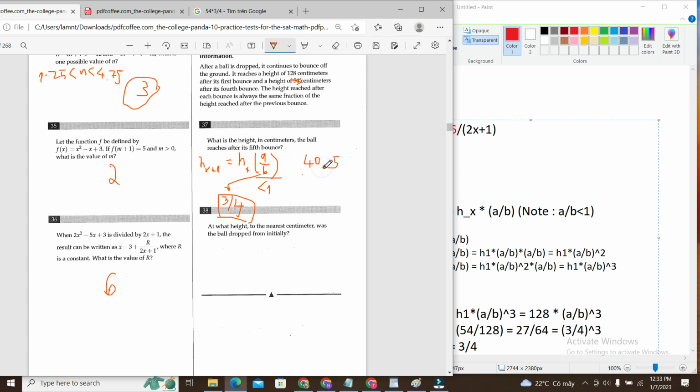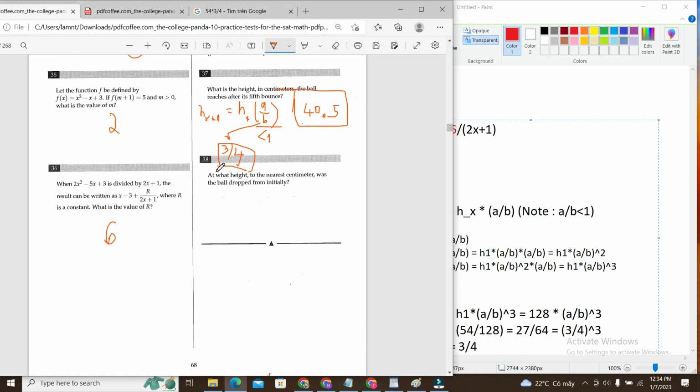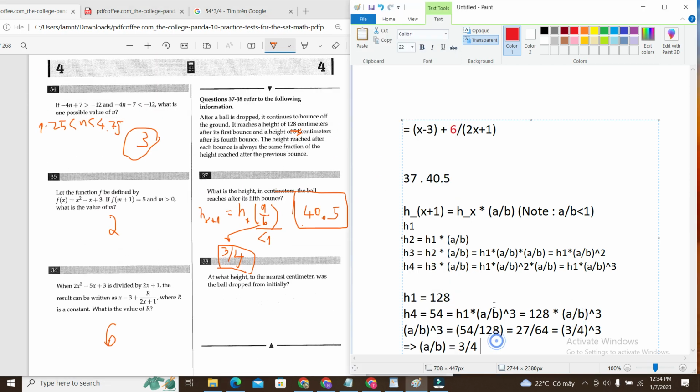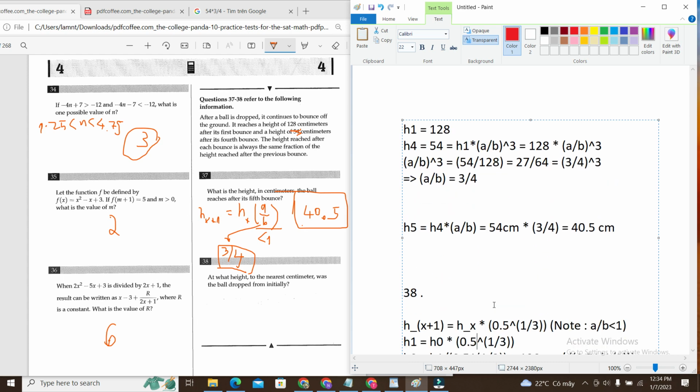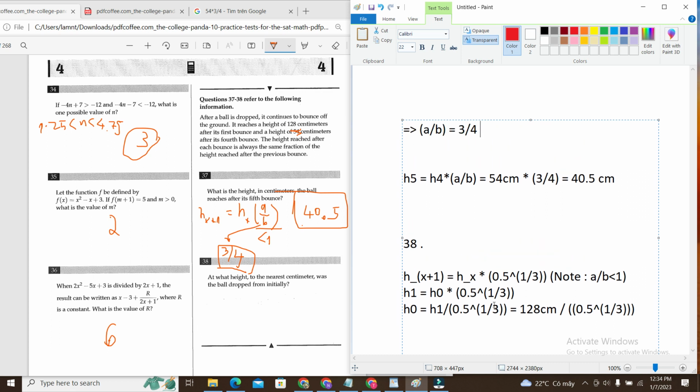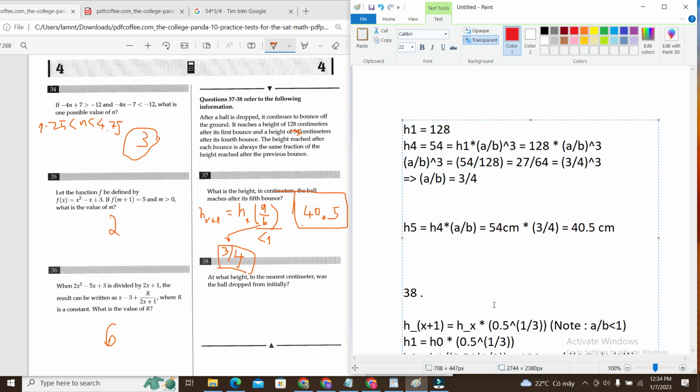Okay, and for the last question, number 38: what is the height, to the nearest centimeter, from which the ball was initially dropped? So we're gonna calculate H0. Let's fix it a little bit.